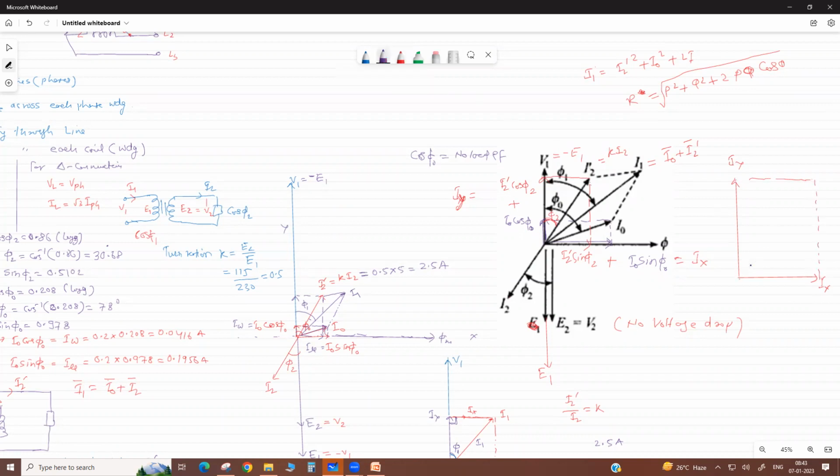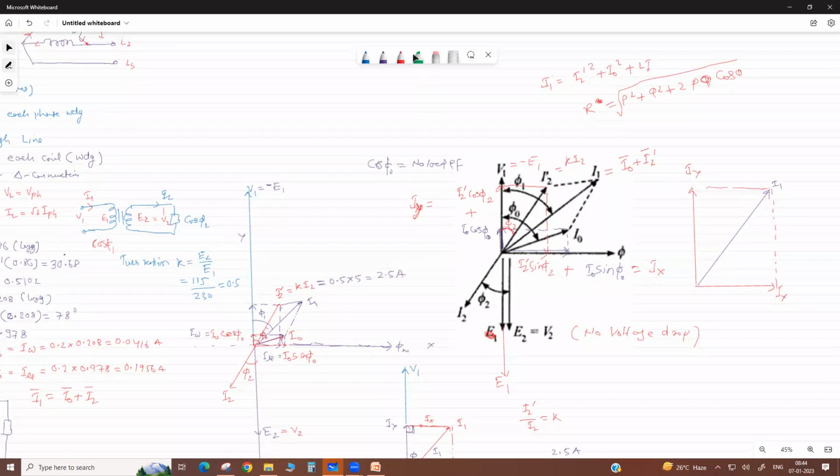This will now give you this, the phi 1 angle. Now along this axis, you know there is V1 also.